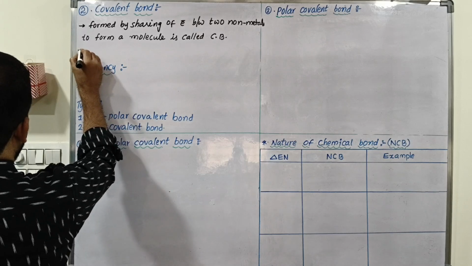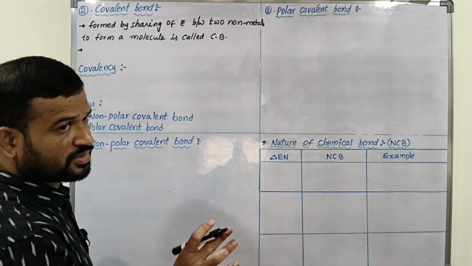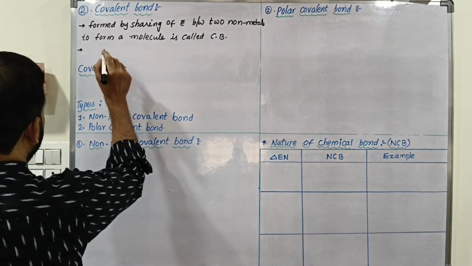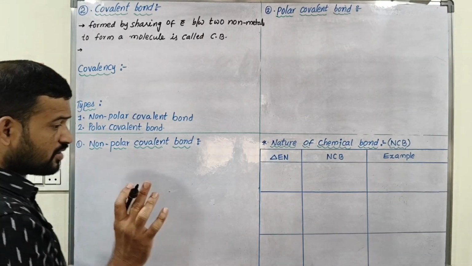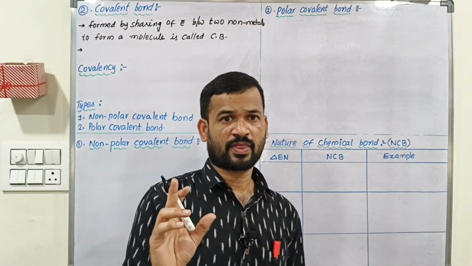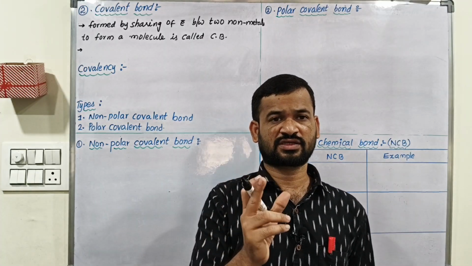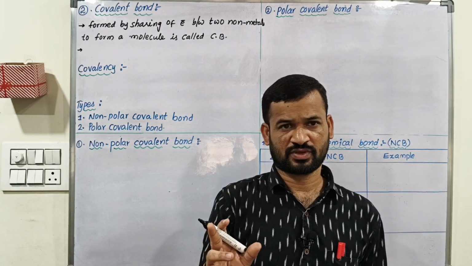So here this covalent bond is formed between only non-metals. Understand?